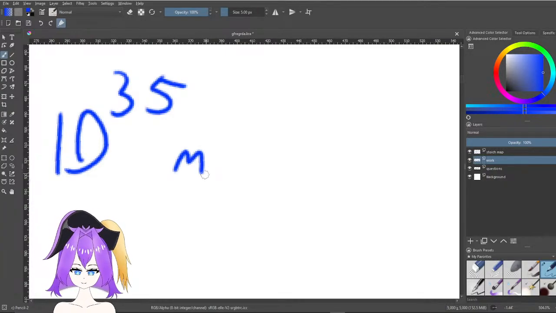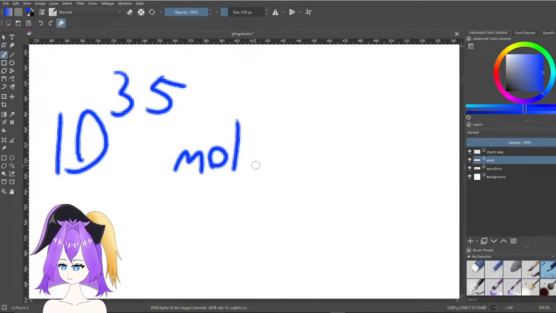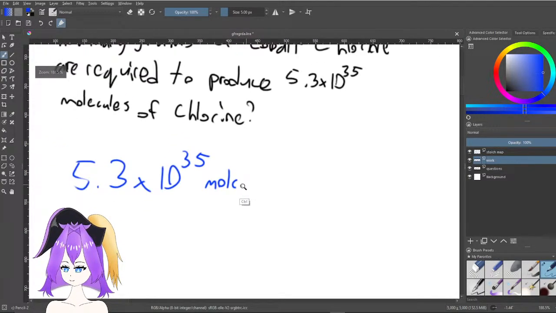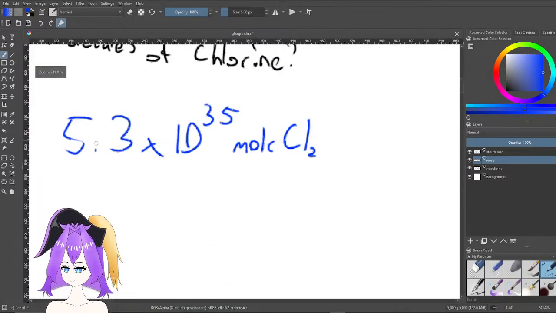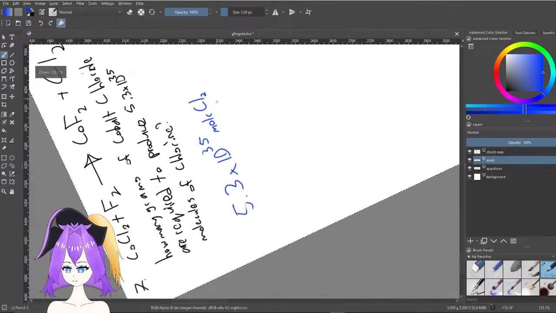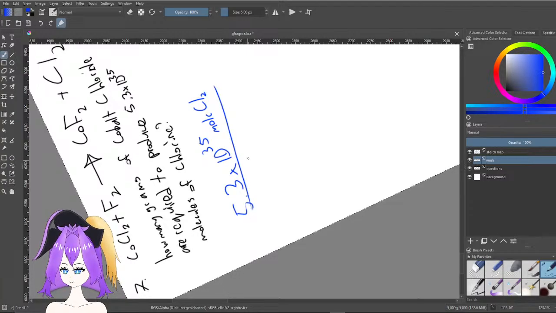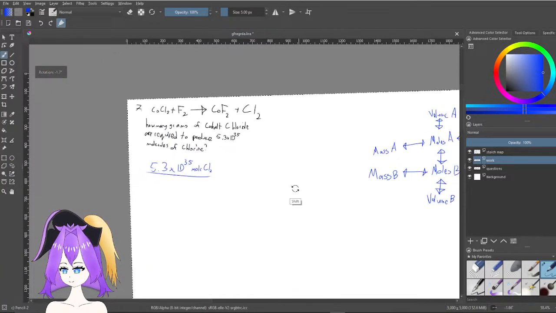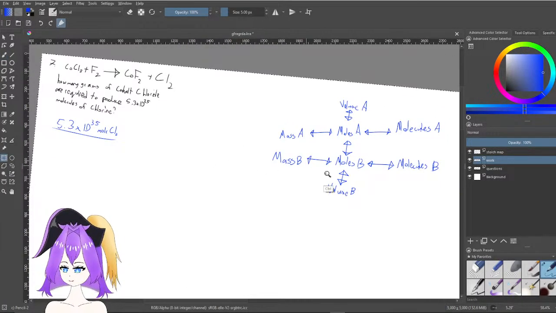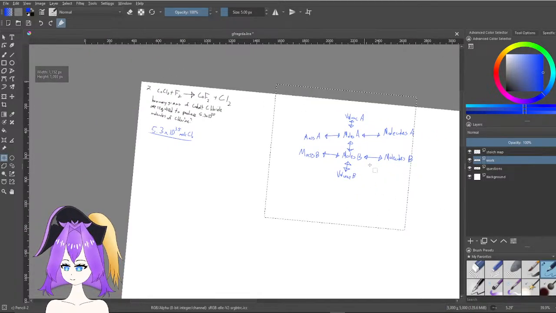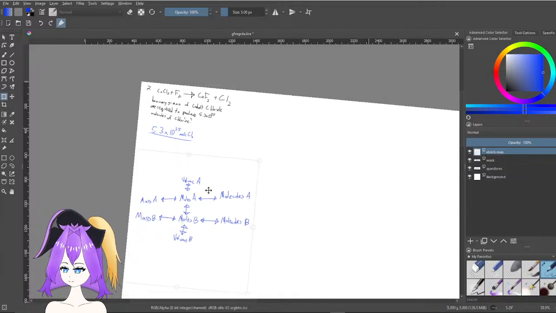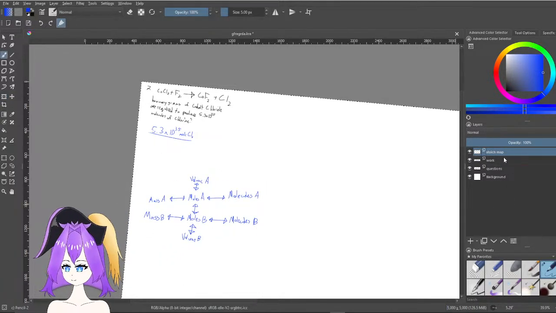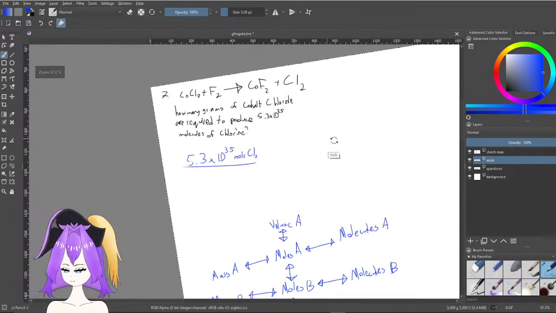I can't do MOL because that's moles. Molecules of chlorine. Can't draw straight lines on a tablet. There you go. Let's also move this map here. Stoic map. There we go, and we go back to the work layer.